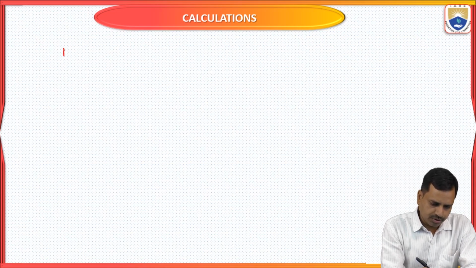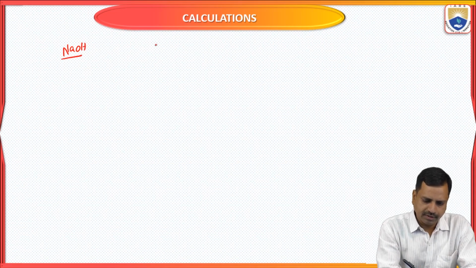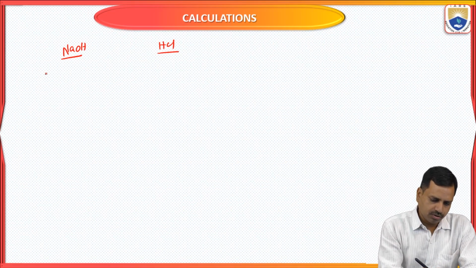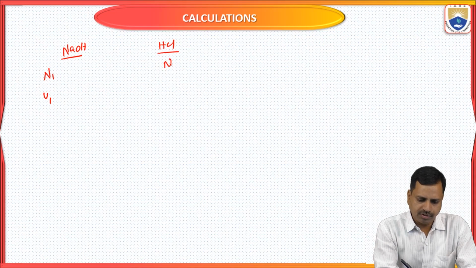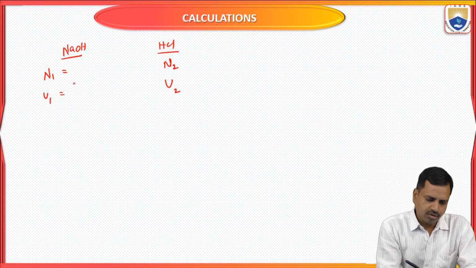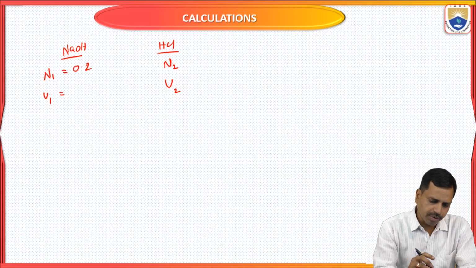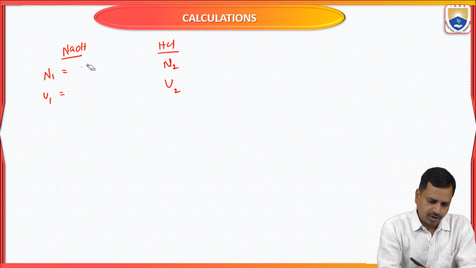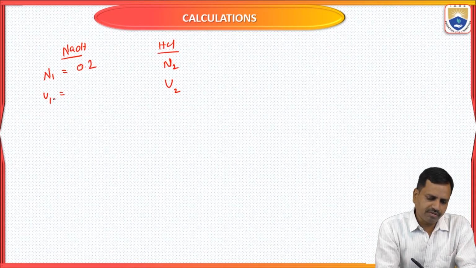Suppose NaOH is on the left side and HCl on the right side. So this one is N1 V1 and this is N2 V2. What is N1? N1 is 0.2, because we prepared it.